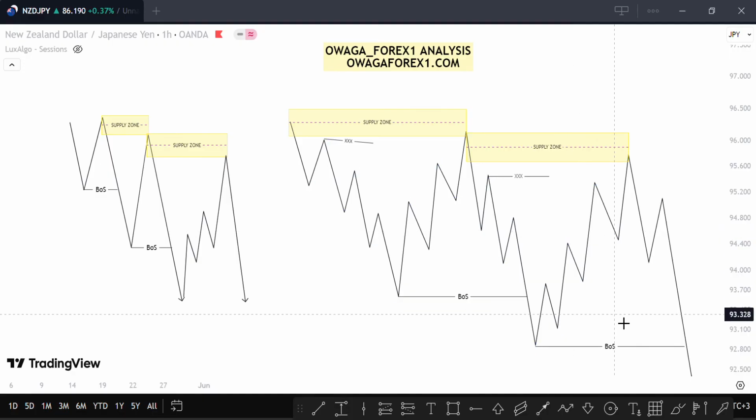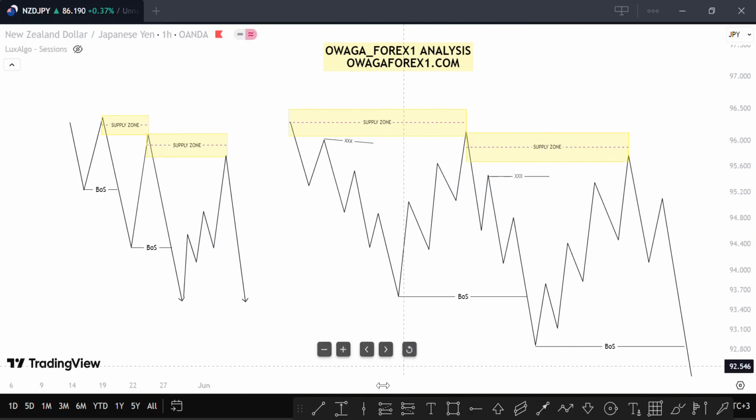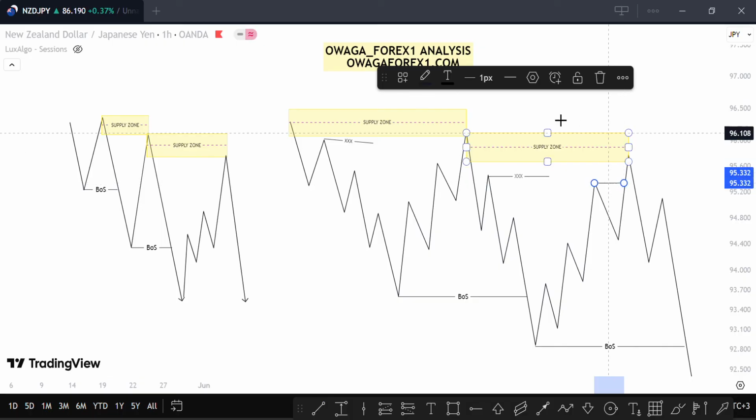In this case, you can see that price is on a pullback, breaking structure to the upside, coming towards the order block. Once price touches the order block here, this is where we want to see change of character, or in other words, market structure shift. In this case, we can see that this is our last break of market structure on this particular zone.